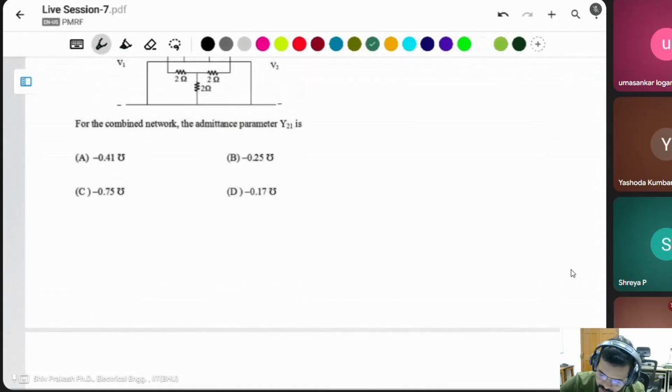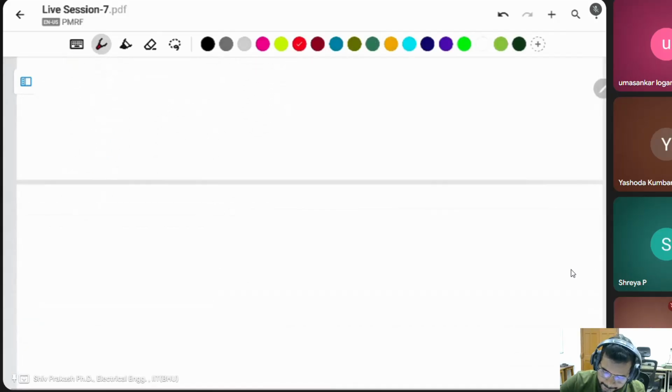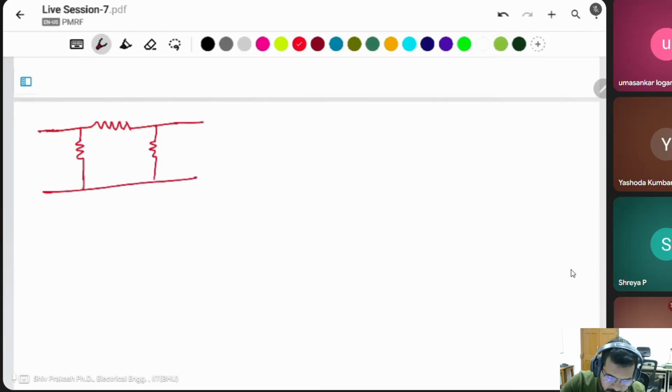First one, you can see this one is the pi network. This is the T network. For the pi network, current and voltage will be the same in both conditions because they are connected in parallel.